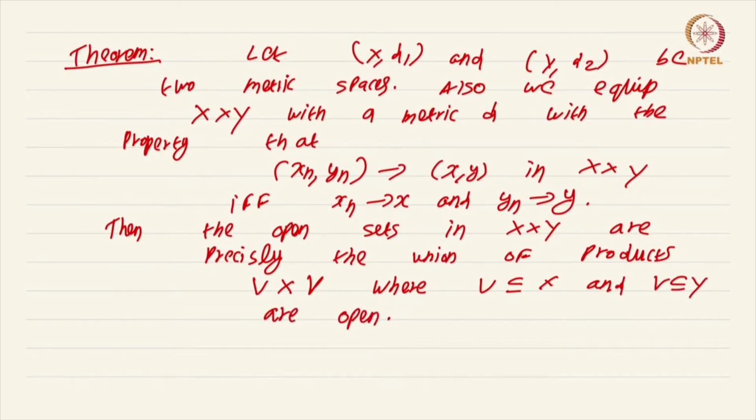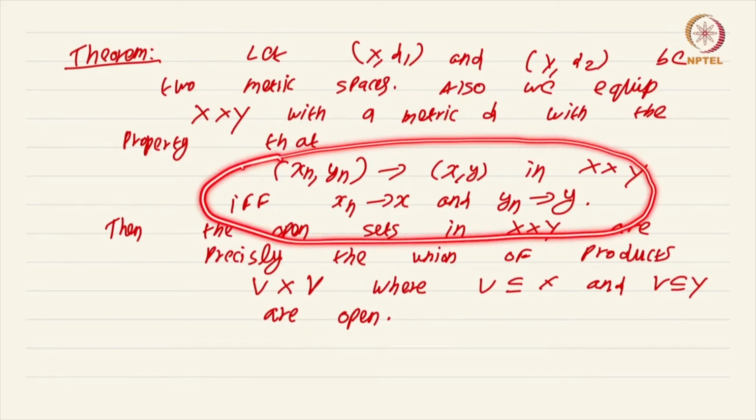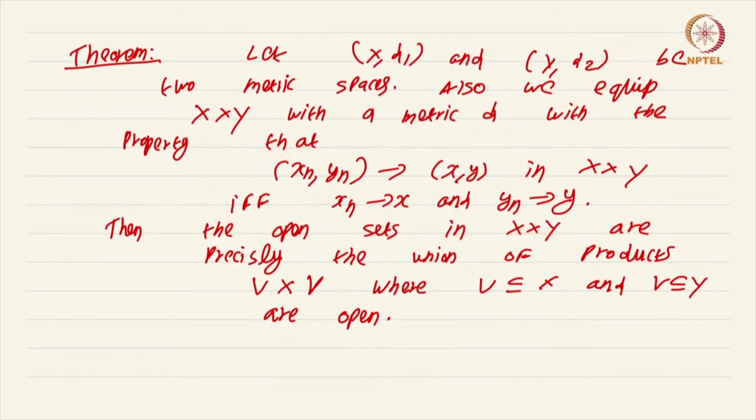So what is this theorem trying to say? It's just saying that if you take a product of two metric spaces and put a metric on that product which has this characteristic property that you would expect, that (x_n, y_n) converges to (x, y) if and only if x_n converges to x and y_n converges to y, then you can immediately write down what the open sets in X cross Y are going to be.